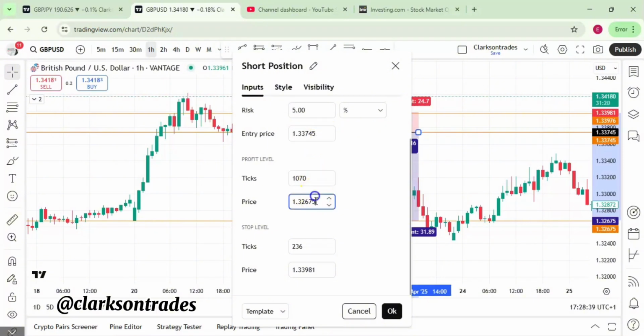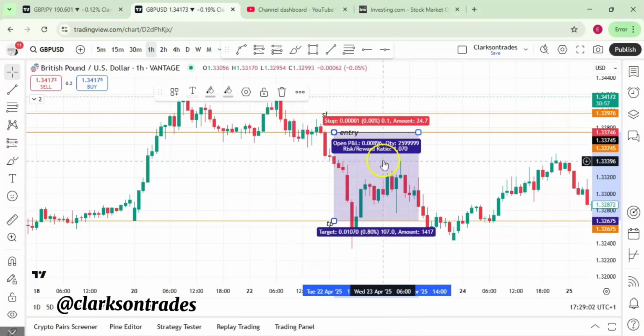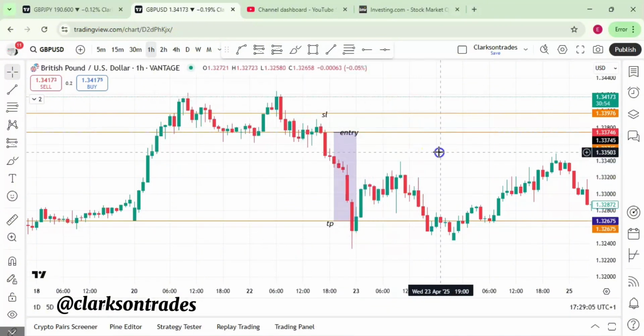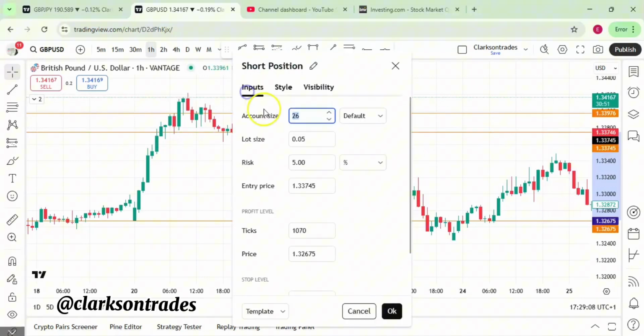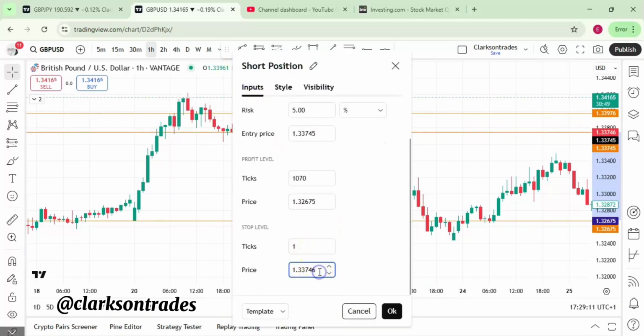For profit price is 1.33267.5, and for stop loss is... Oh, I made a mistake. Stop loss price is 1.33976. All right.